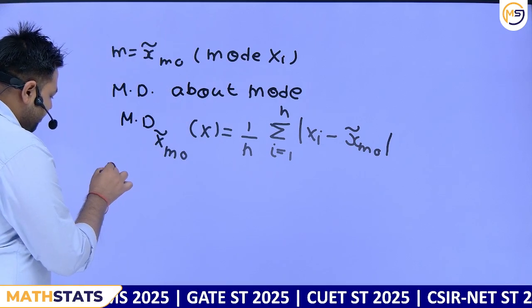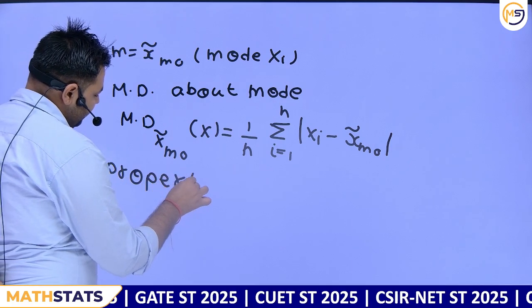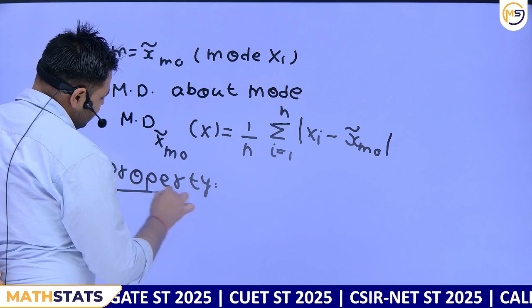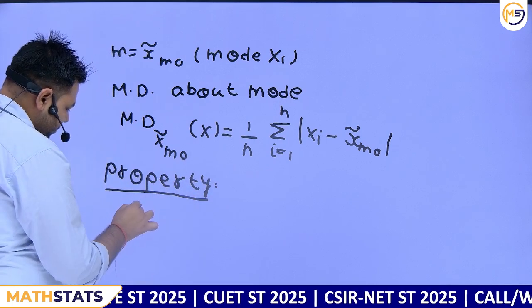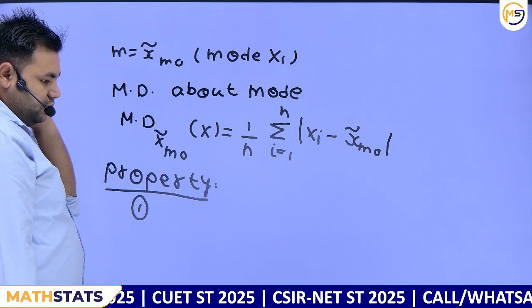Now I am discussing the properties of mean deviation. So, first property. What is the first property of mean deviation? Anyone?